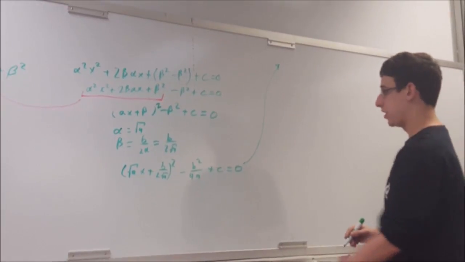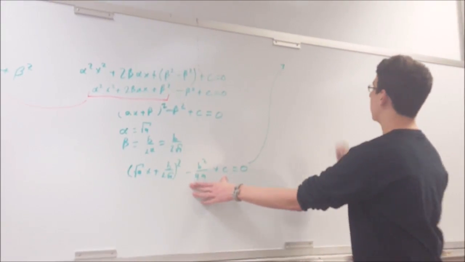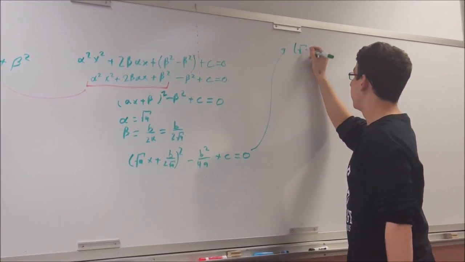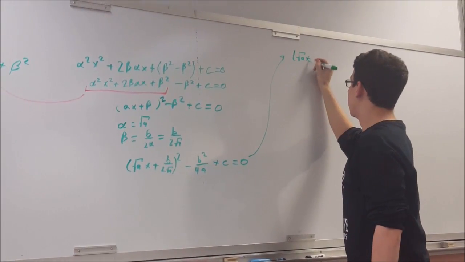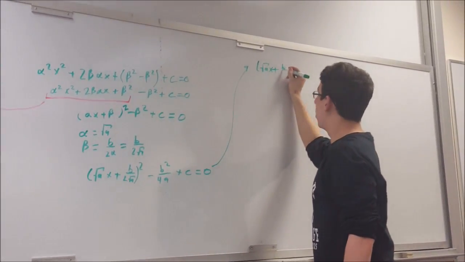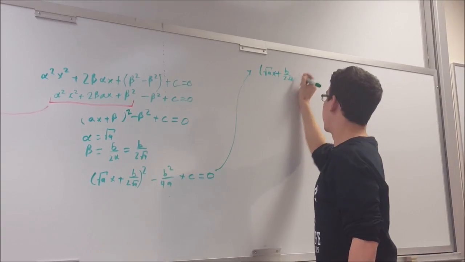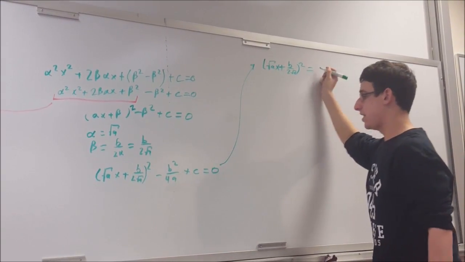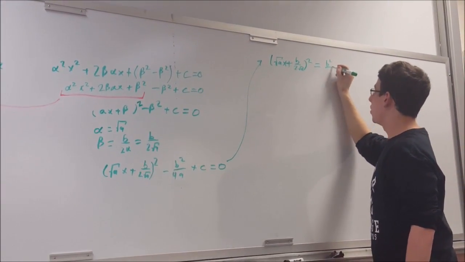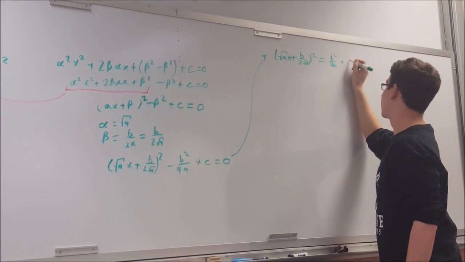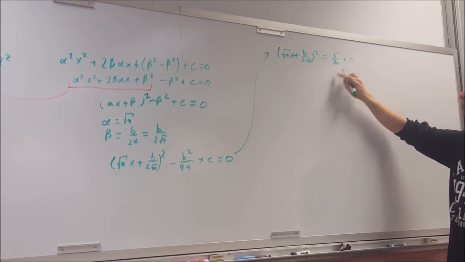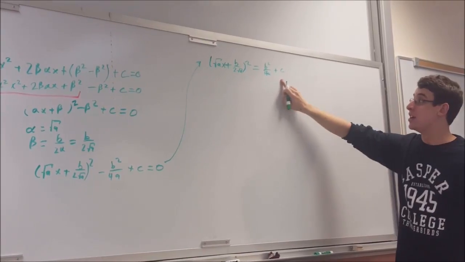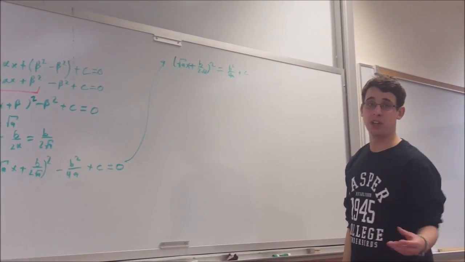So we can start by moving these over to the other side. We'll get square root a x plus b over 2 square root a, quantity squared, is equal to b squared over 4a plus c. Now we want to get this as one fraction, so we're going to get a common denominator here.